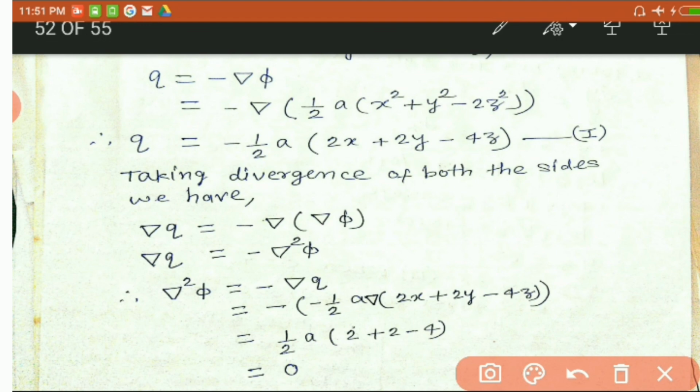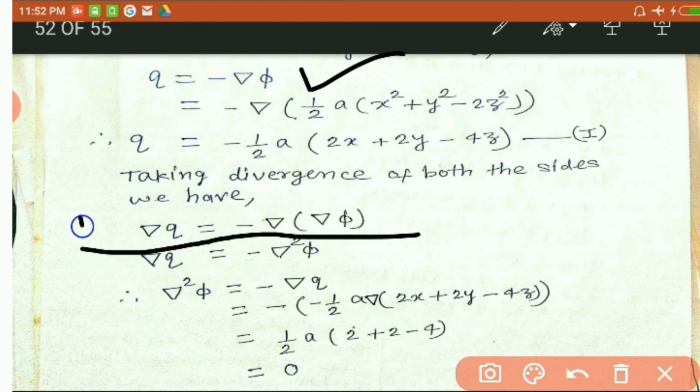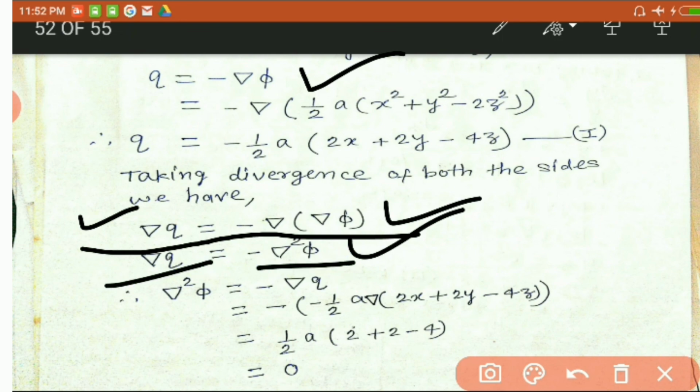Del dot q is equal to minus del dot del phi. We have q is equal to minus del phi, so del dot q is equal to minus del dot del phi. So this is minus del square phi. So minus del square phi is equal to del dot q.